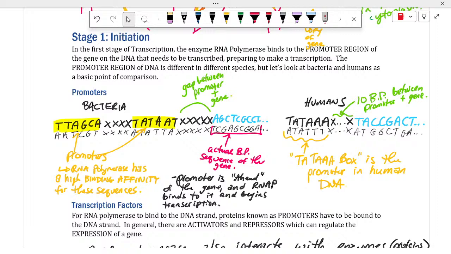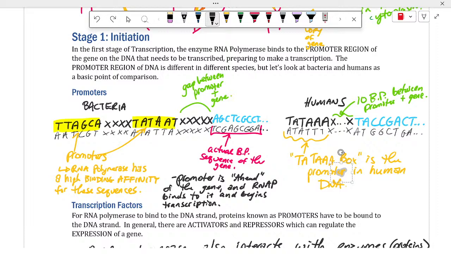Yeah, we have these regions on the DNA itself called promoters. And the promoters are just segments of DNA that have a specific code, and the RNA polymerase molecule is structured in such a way that it binds to those spaces. So we looked at bacteria are famous for TATAAT and TTGACA, these two sequences, these two promoter regions.